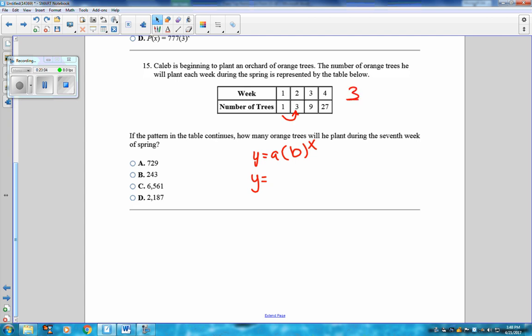So 3 divided by 1 is 3. So instead of multiplying to get to 3, to get back to 0, I have to divide. So 1 divided by 3 is 1/3. B is 3. And then x, we're going to put 7. So if I plug this into my calculator, I'm going to do 1 divided by 3 in parentheses times 3 to the 7th power. Gives me 729 orange trees.